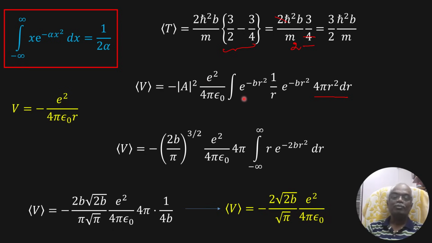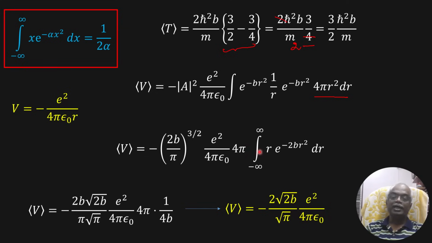Of course, this is the wave function, this and this, and with the normalization constant, the square of the normalization constant, modulus A squared. So here you can rewrite this. 4 pi you take outside.